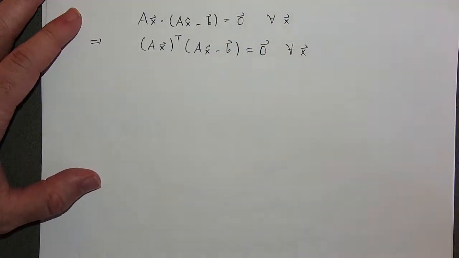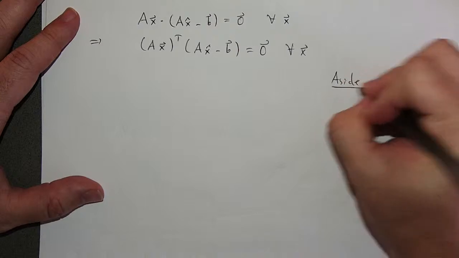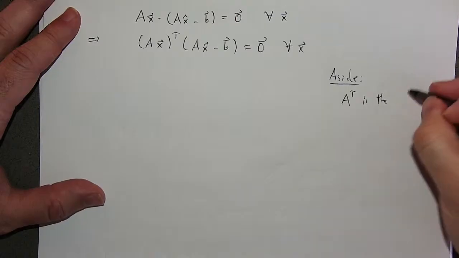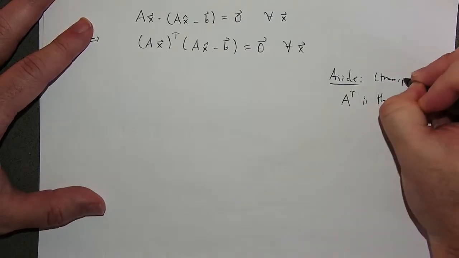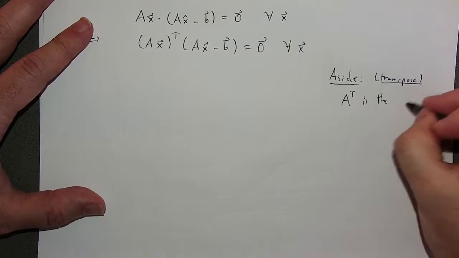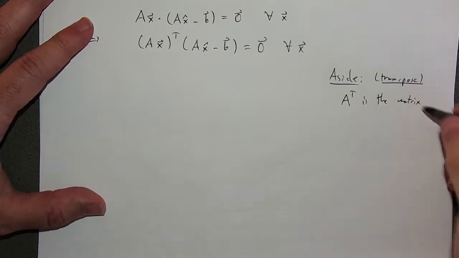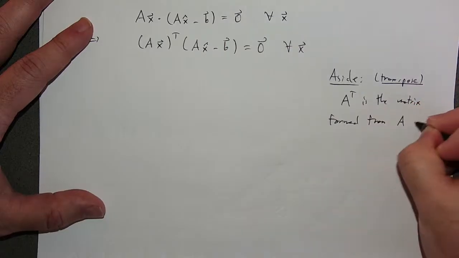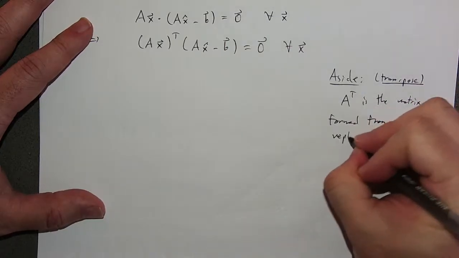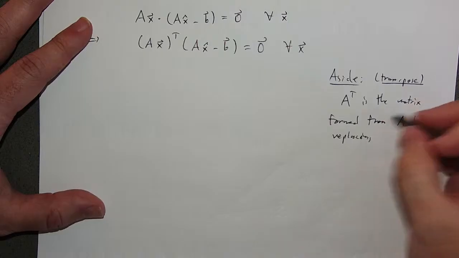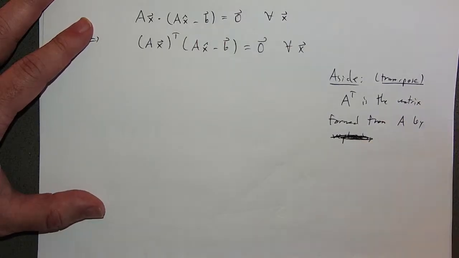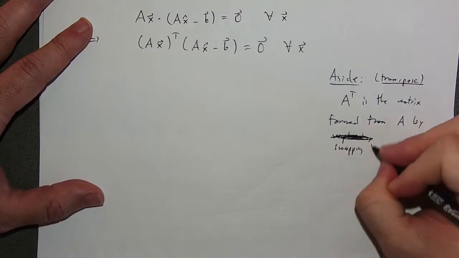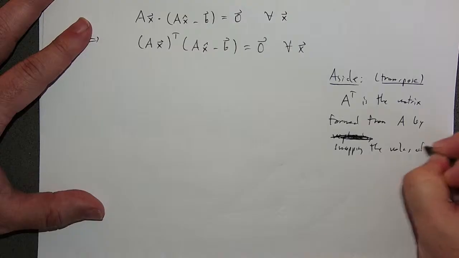So here's a quick aside. What is the transpose? A transpose is the matrix formed from A by swapping the roles of rows and columns.